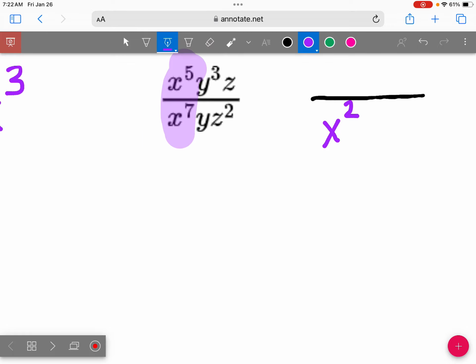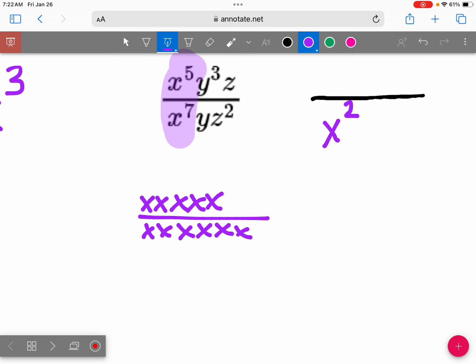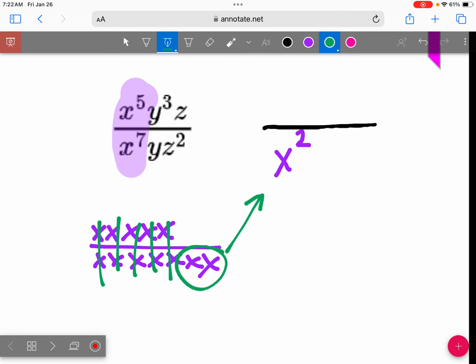You could also think of this as 1, 2, 3, 4, 5 x's on the top, and 1, 2, 3, 4, 5, 6, 7 x's on the bottom. And you can see here how a lot of them cancel out except for 2 on the bottom. This is our x squared that we had underneath. So you can think of it as subtraction. You can think of things canceling out. However works for your brain.